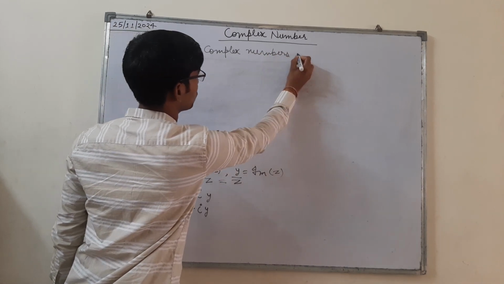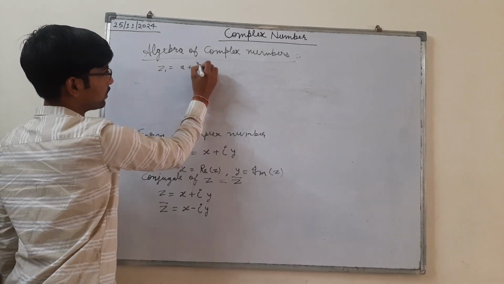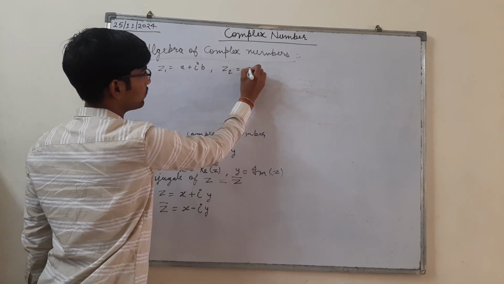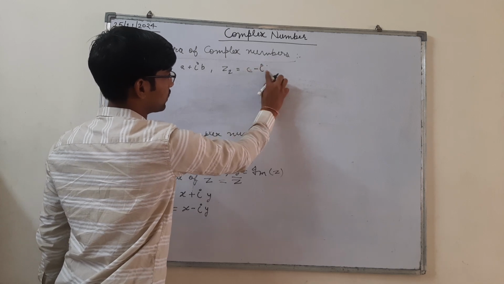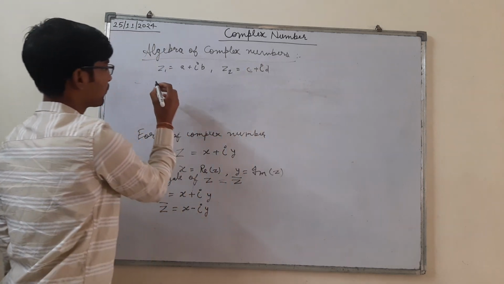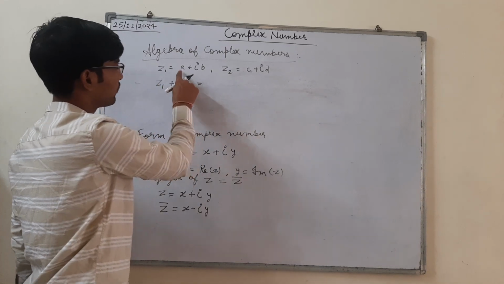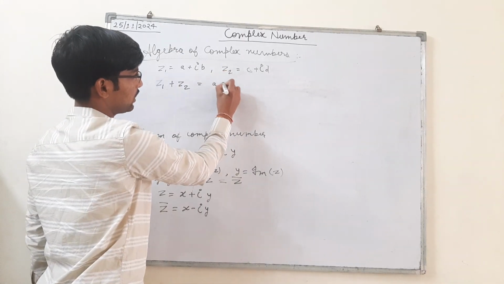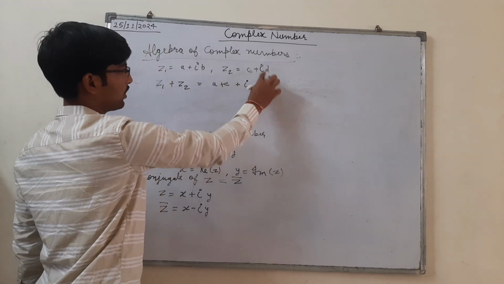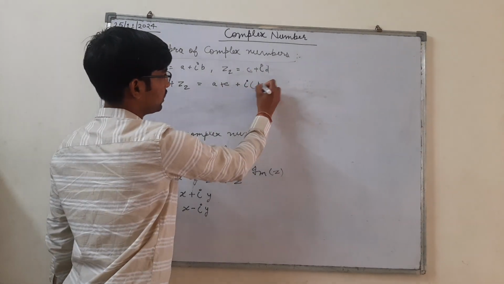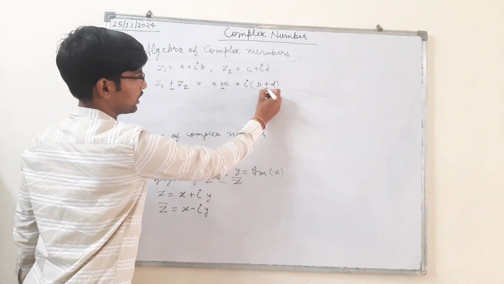If z1 is equal to a plus iota b and z2 is equal to c plus iota d, then z1 plus z2 is simply the summation of the real parts, a plus c, plus the summation of the imaginary parts, iota b plus iota d, which is iota times b plus d. And for minus, this is also the same.